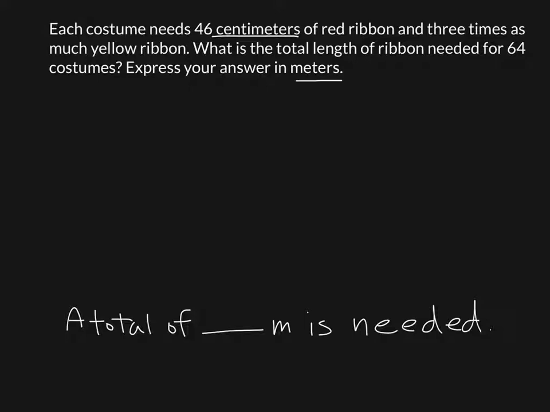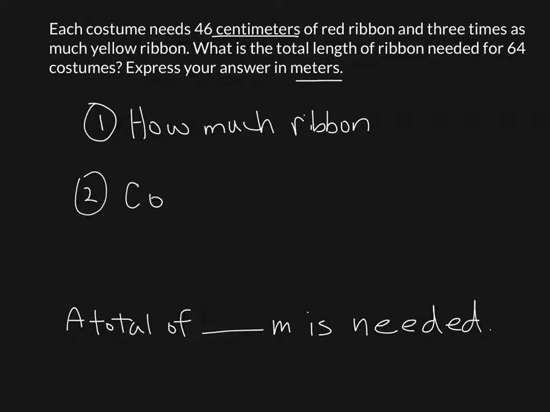So the first thing I want to do is figure out what the steps are. I think I have to figure out how much red and yellow ribbon I need. So the first thing I'm going to do is figure out how much ribbon, and then I'm going to figure out how many meters.